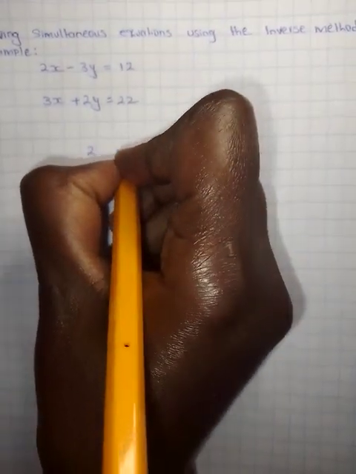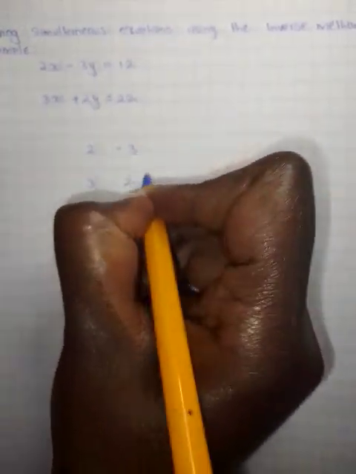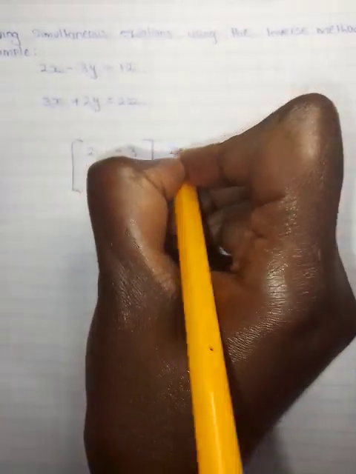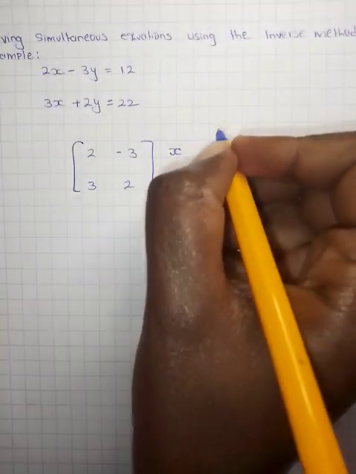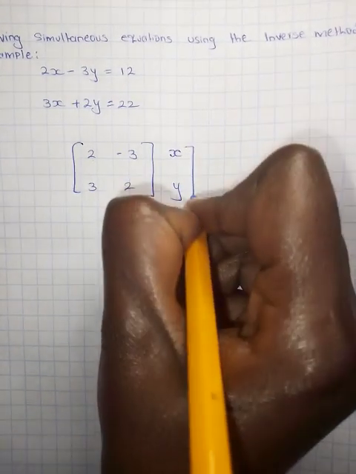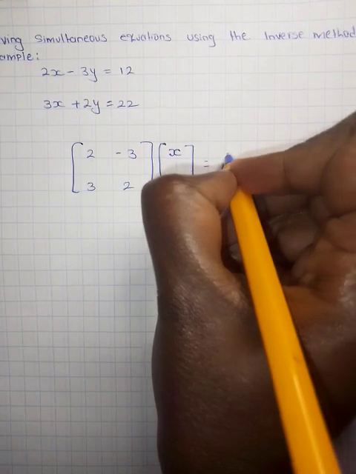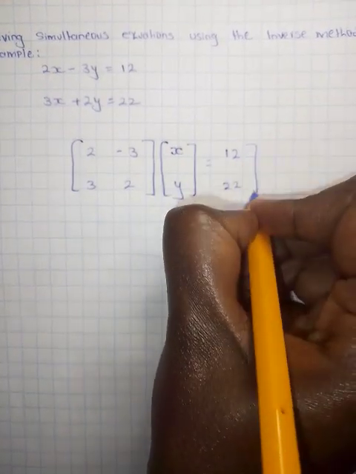So that will be 2, negative 3, 3, 2, times x, y, equals 12, 22.